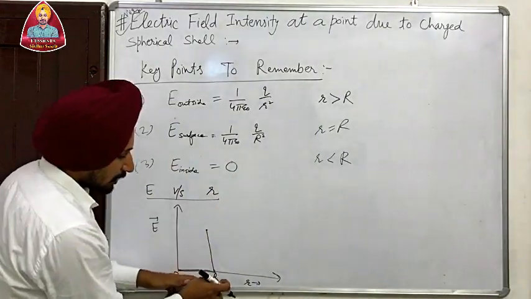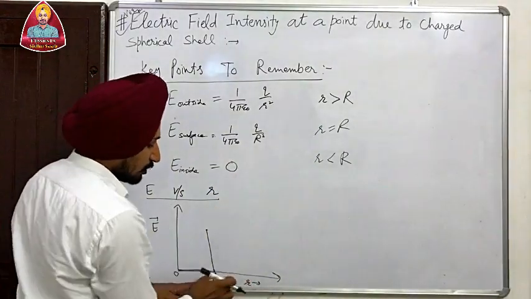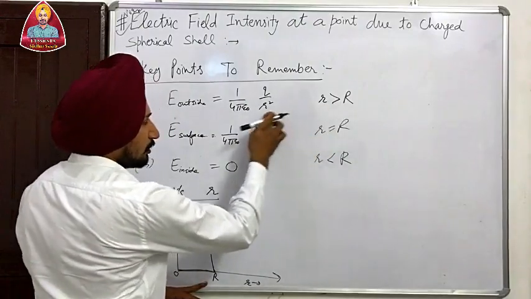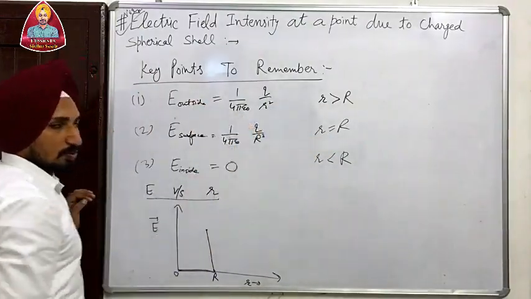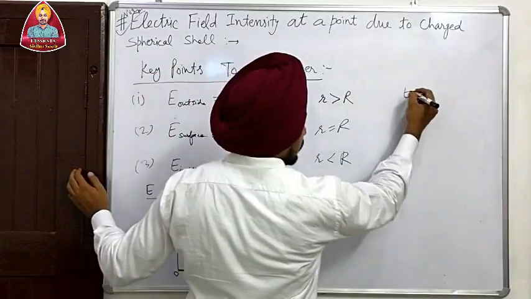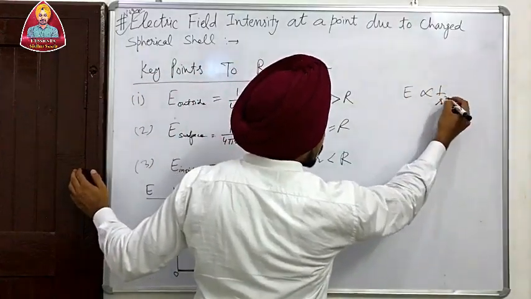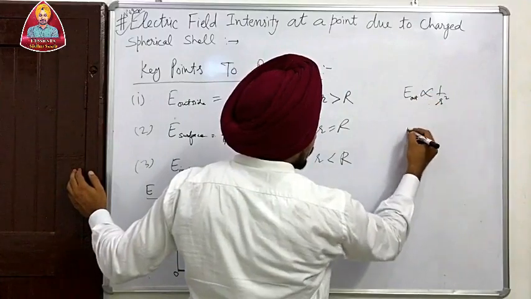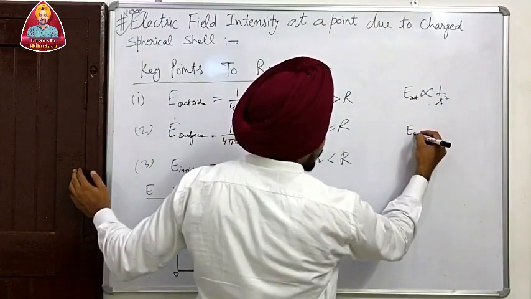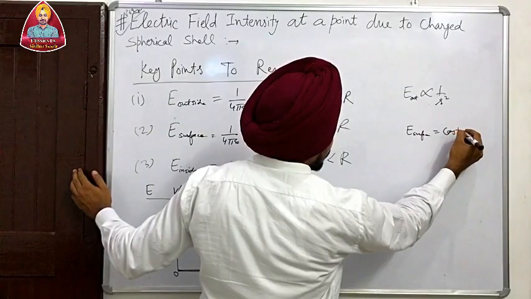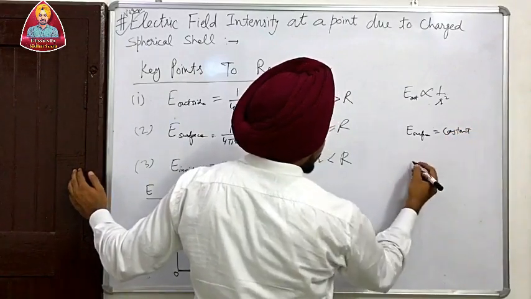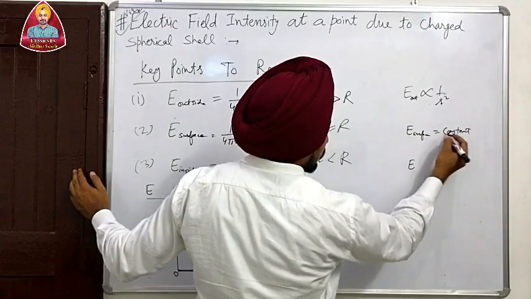After that, if we increase r beyond the radius of the spherical shell, we will get this case. E is inversely proportional to r square. On the surface, E is constant, or maximum.